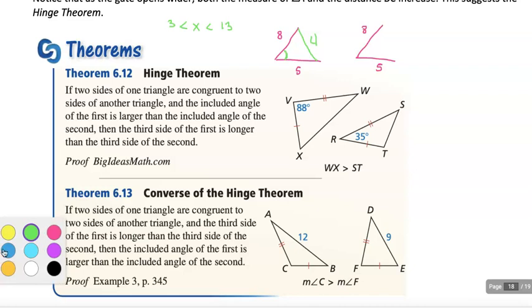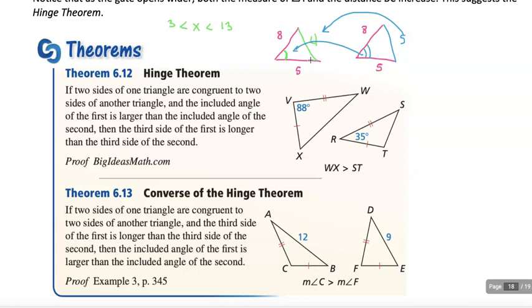If I use the same two sides, but this time I use a third side that's 5, which is bigger than 4, then this angle here will be bigger than that angle there. So using 8 and 5 for both, the longer I make the third side, the bigger the angle.